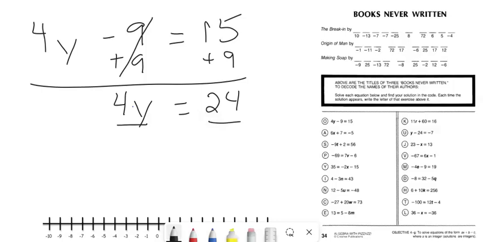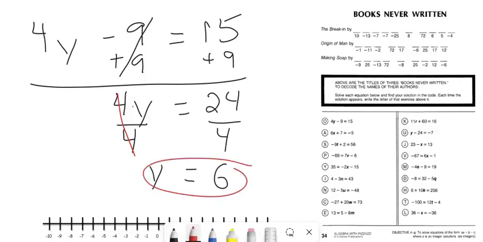The inverse of multiplying by 4 is to divide both sides by 4. When we do that, we can simplify these 4's, and then we're left with y is equal to, what, 24 divided by 4, which is 6. So that's our answer, y equals 6.